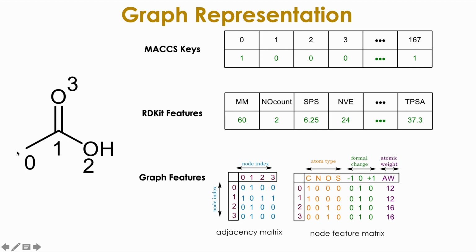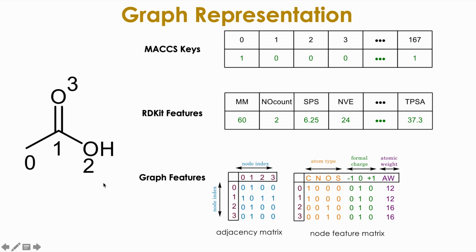If the carbon is at position 0, we will have 1. So we have 1 here because at labeling 0 and 1 we have carbons, and all the rest of these are 0. Similarly at position 2 we have oxygen, so during one hot encoding we have 1 here and the rest are all 0. Similarly this is also oxygen, so this is 1 here.